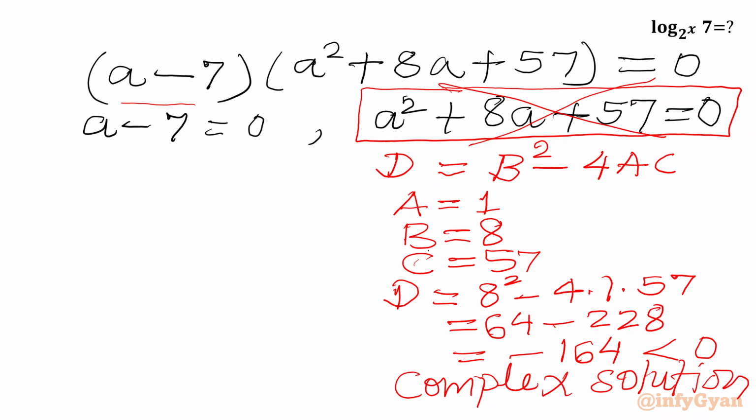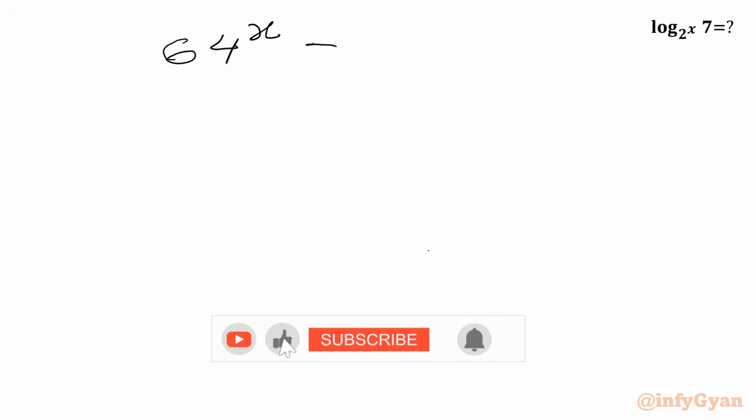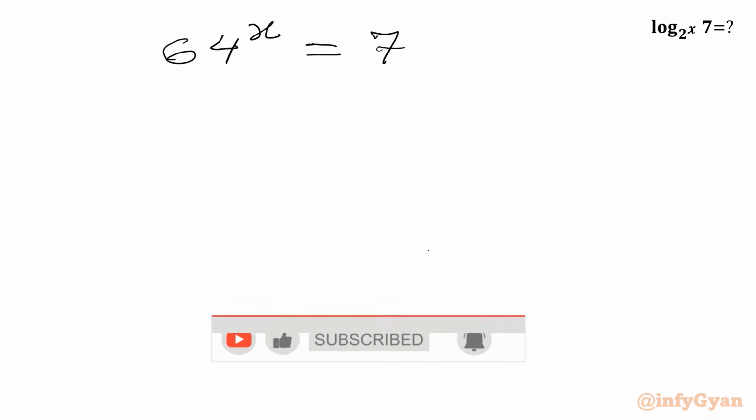So we have a minus 7 equal to 0 equation. We'll add 7 to both sides and we will get a equal to 7. Now a was 64 power x. So we will write 64 power x equal to 7. This is in exponent form.